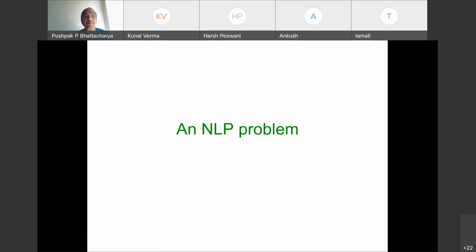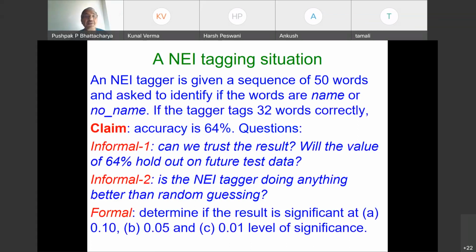So the NLP problem, many of you will be familiar with this statement of the problem. In fact, an assignment is being done in the class now on named entity identification. So here is the situation. 50 words have been given to the named entity identifier.